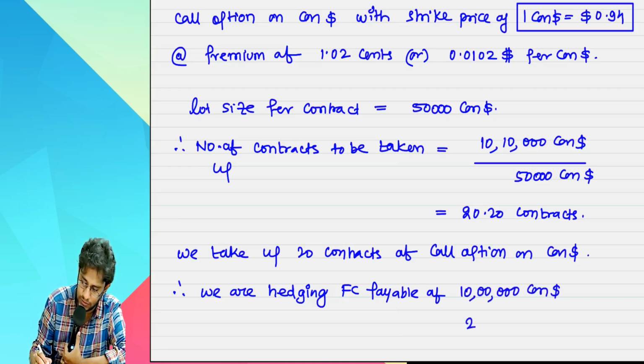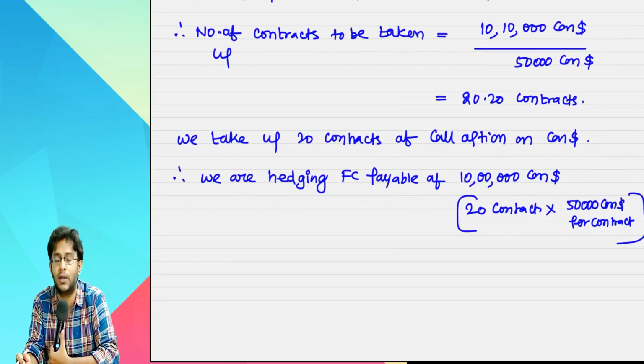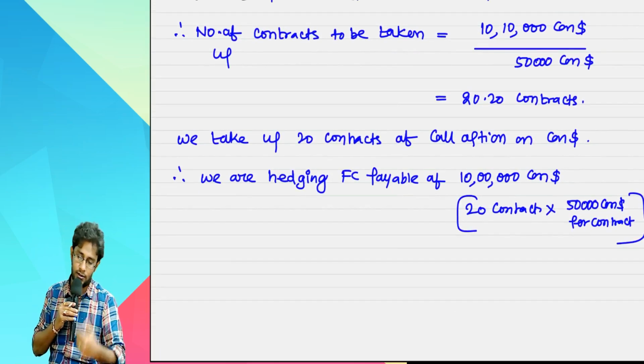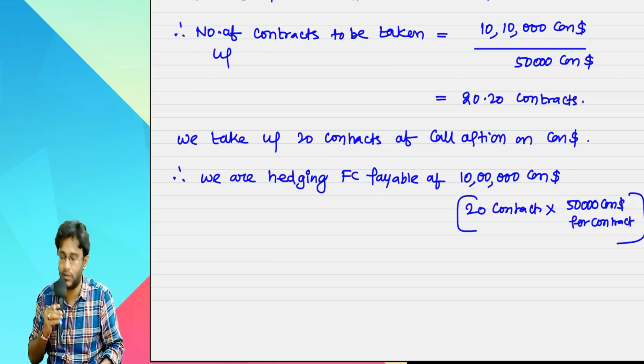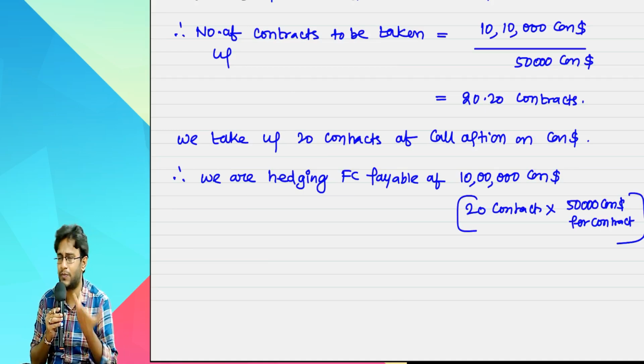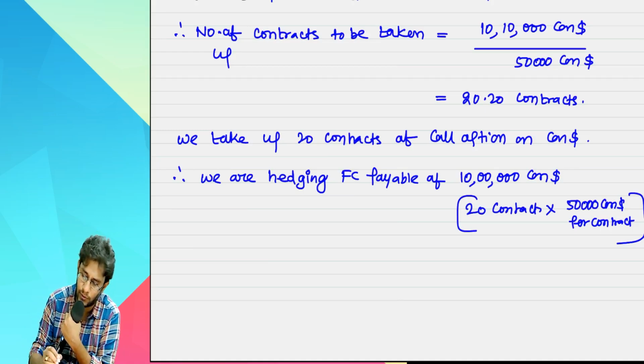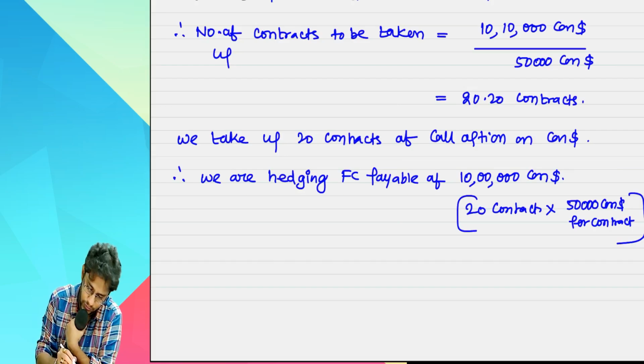How? 20 contracts, sir, each contract of 50,000 CAN dollars. So even though your FC payable is 10 lakh 10,000, you are able to hedge only 10 lakhs using options. This is not possible, simple. So then what to do? Continue, sir.